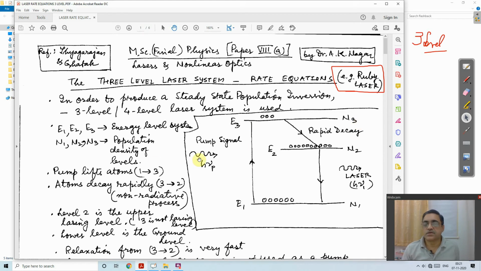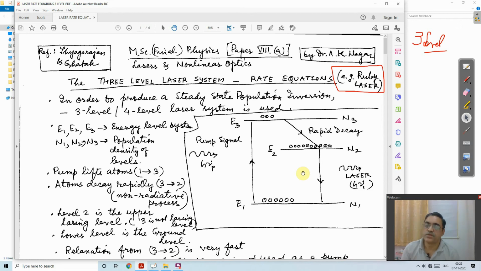What does the pump do? The pump lifts the atoms from the ground state to level 3, where they undergo a rapid decay to level 2, and then from level 2 we have a signal which stimulates it and causes the laser action.